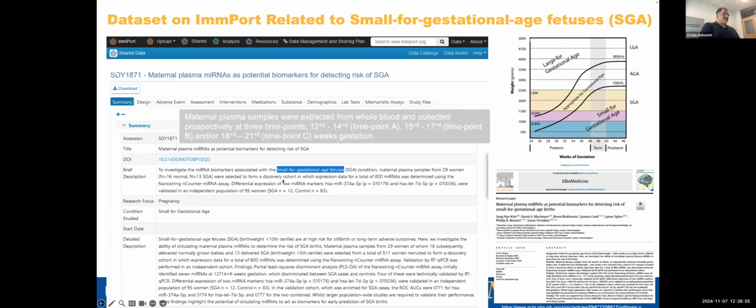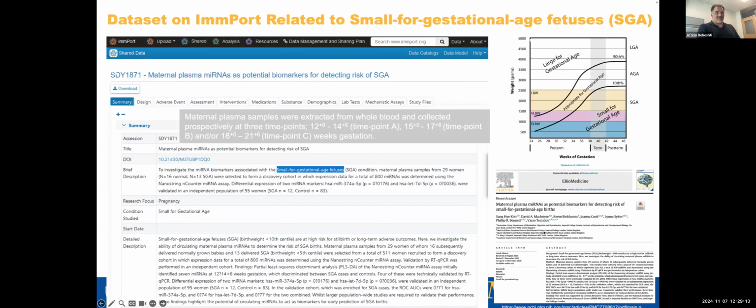Everyone has their key expertise, and of course me, loving microRNAs, I said I'm going to see if ImmPort has any microRNA data sets. And indeed, there's this very nice data set that I think some of the authors of this paper might be here in the audience.